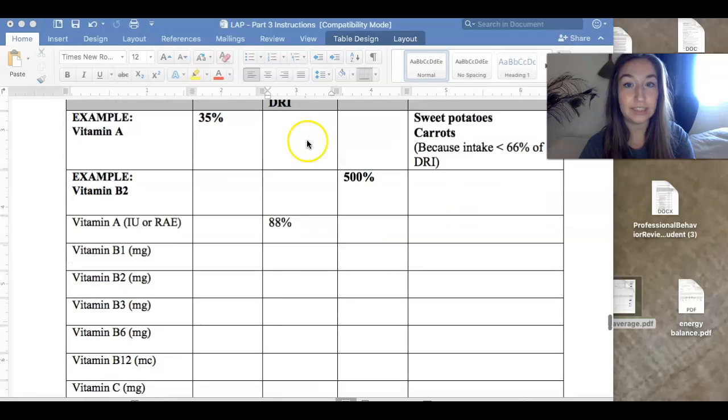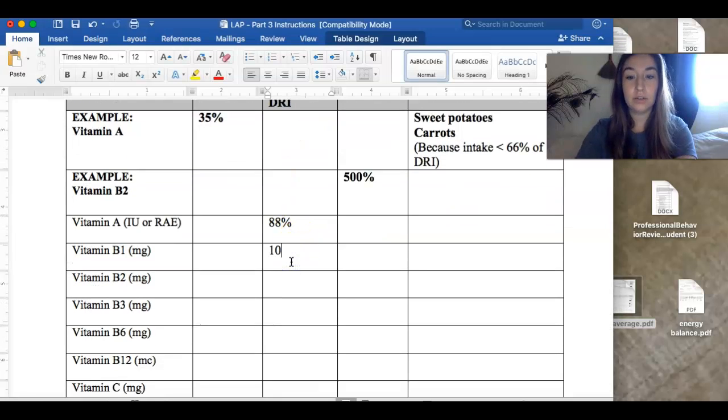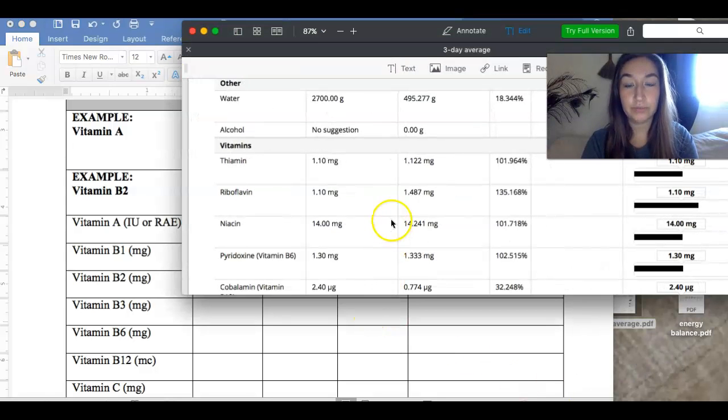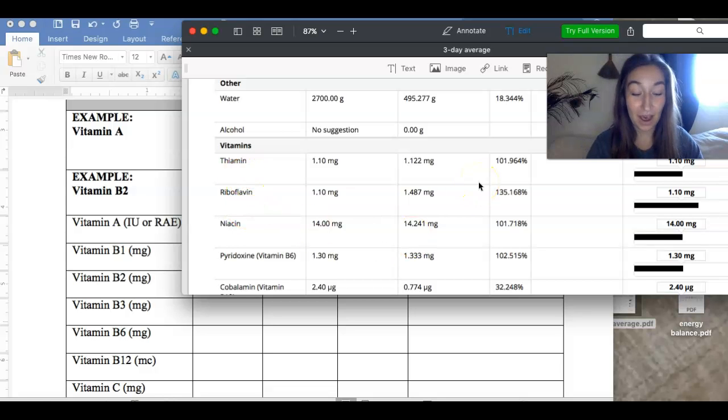I'm in between 66 and 33. B2. Obviously I need to study my vitamin names. Not something I use every day. Let's see. I'm assuming it just goes down the list. This is riboflavin. Yeah. So I'm at 135.